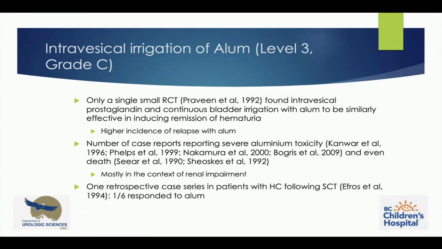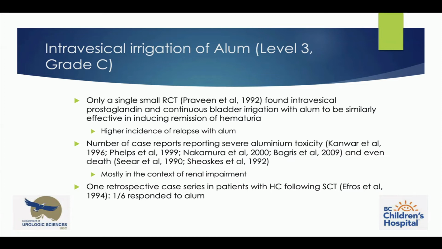So the studies were sometimes controversial. There's only one single small randomized controlled trial done a long time ago in 1992 that found intravesical prostaglandin and continuous bladder irrigation with alum to be similarly effective in inducing remission of hematuria, but there was a higher incidence of relapse with alum.